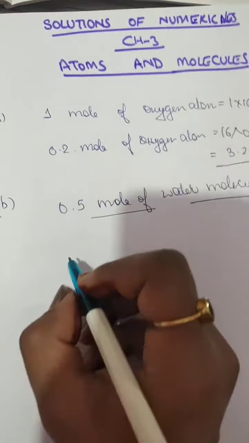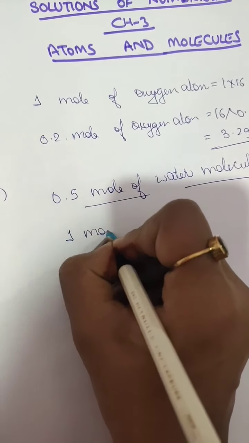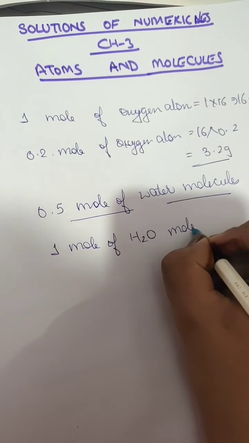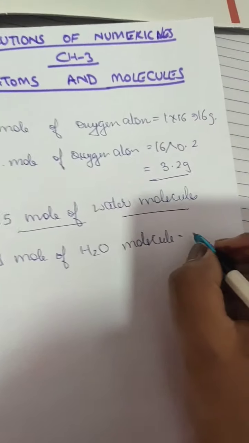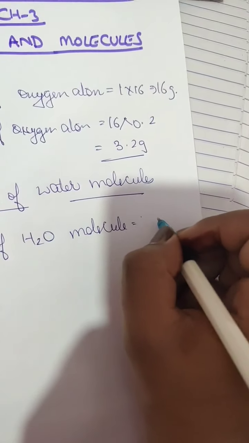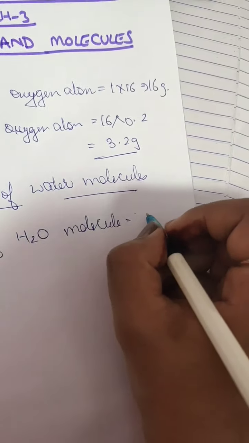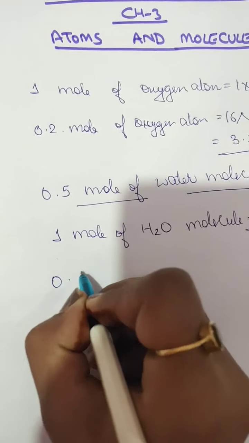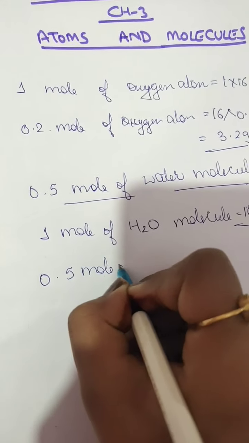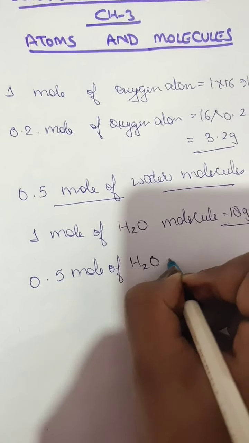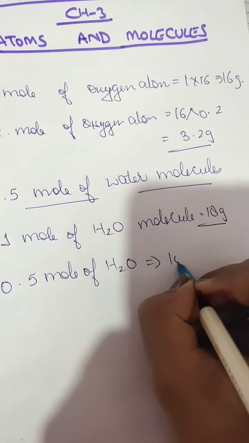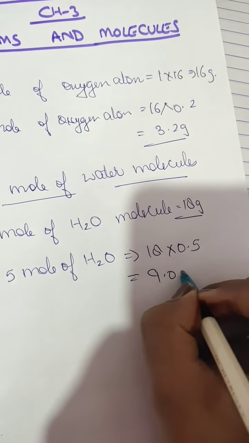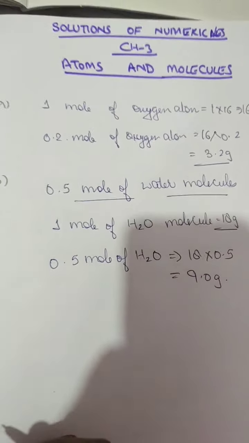So in this also, 1 mole of H2O molecule, that is water molecule, we know that 1 mole of water has 18 grams of mass. So 0.5 mole of H2O will have 18 into 0.5 mass, that is 9.0 grams. So this is very simple.